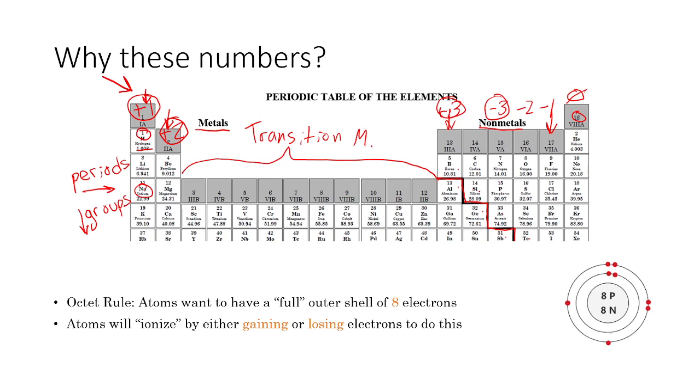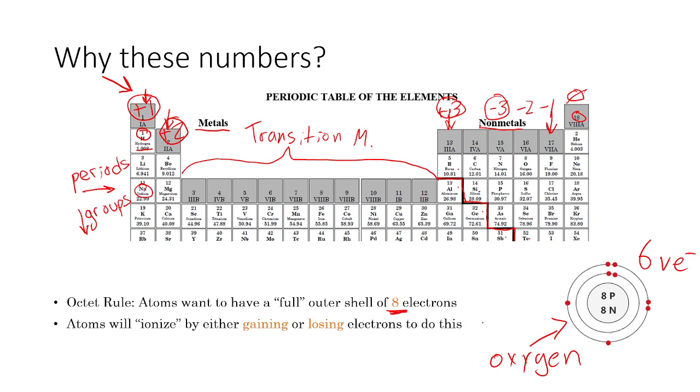Because, let's take oxygen down here as an example. So this is oxygen. Alright, oxygen has 6 valence electrons, 6 electrons in that outer ring, and it would like to get 2 more, right? Because the octet rule says they want to have a full outer shell of 8 electrons to be stable.